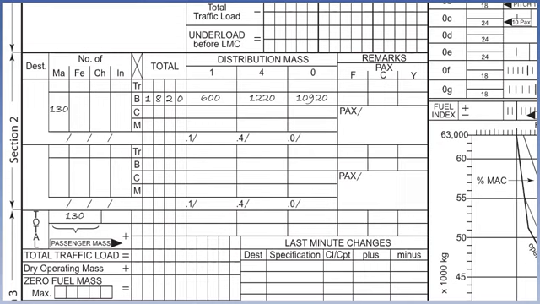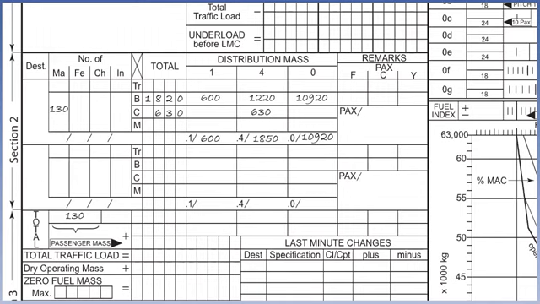The cargo load of 630 kilograms is loaded into hold 4 and entered in the load sheet at box C and under distribution mass 4. The totals under distribution masses can now be entered under each box in the row marked T. Hold 1, 600 kilograms, hold 4, 1,850 kilograms, and passenger cabin O, 10,920 kilograms.